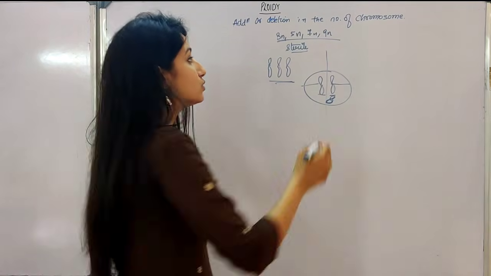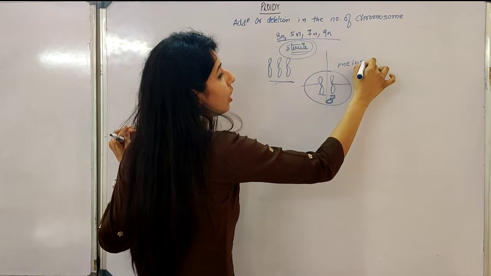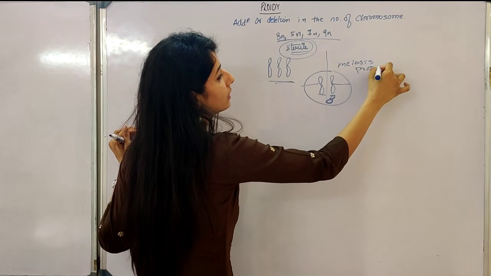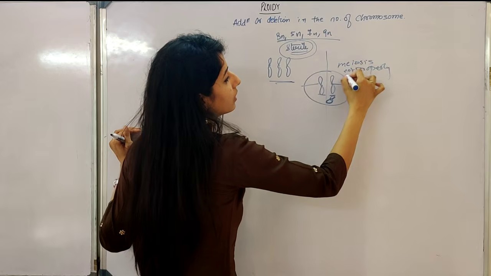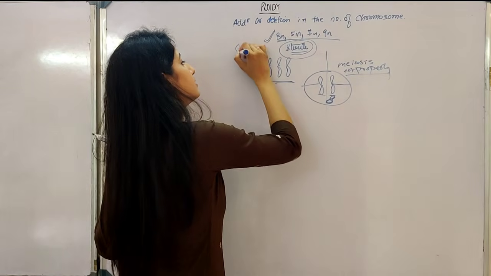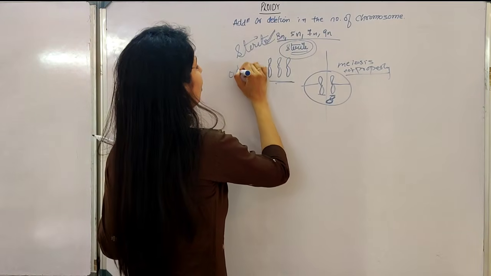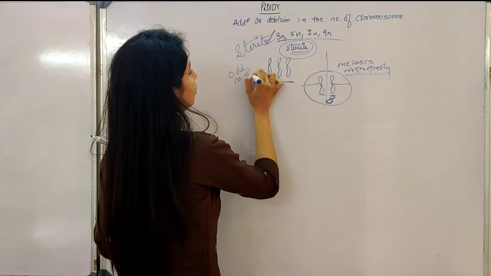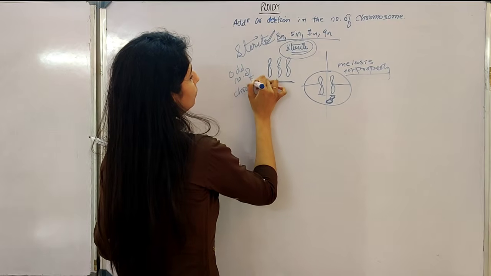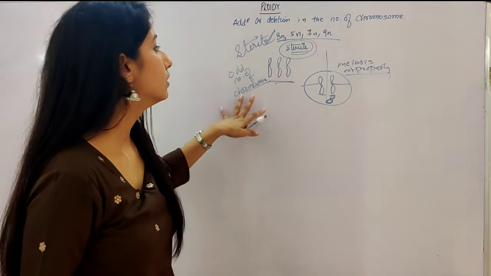So that's why these organisms are sterile, because meiosis is not occurring in them properly. That's why these kinds of organisms are sterile, with an odd number of chromosomes.